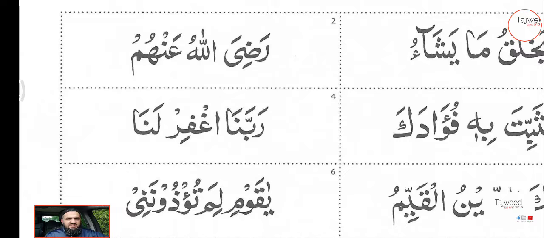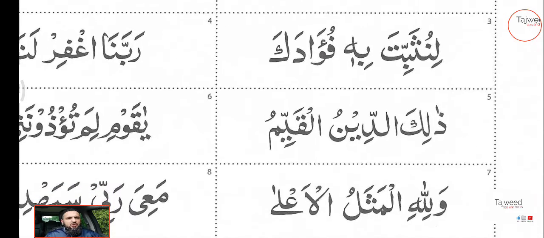So if you see this, na or ba or ta or wa at the end of a word like this, it remains the same. There's no need to change anything. Whether you're stopping on it or whether you're carrying on, it stays the same. So it's lana, remains the same when you're stopping on it. So it's just like having a sukoon at the end of a word. You don't need to change anything. It's read the same way, whether you're stopping or carrying on.